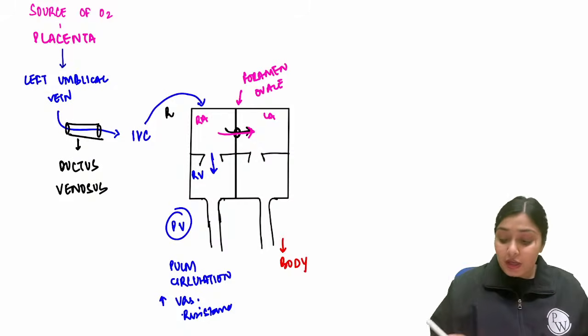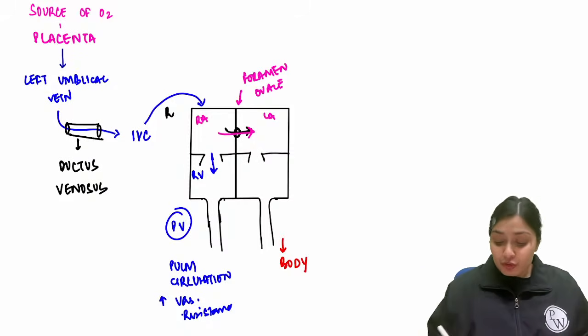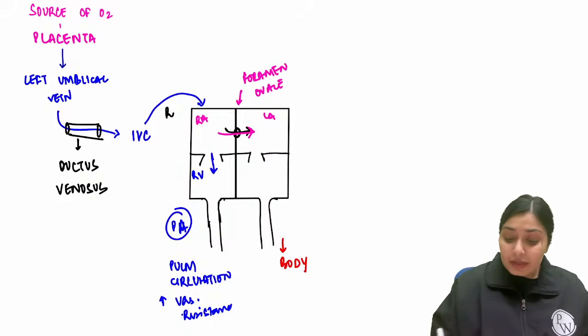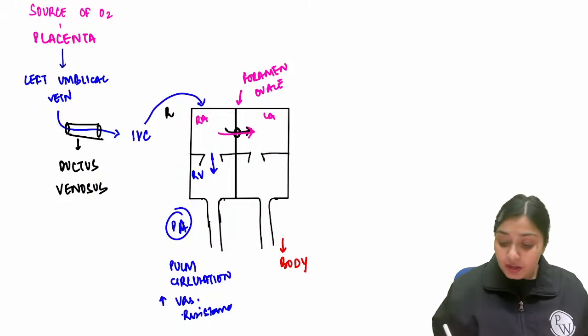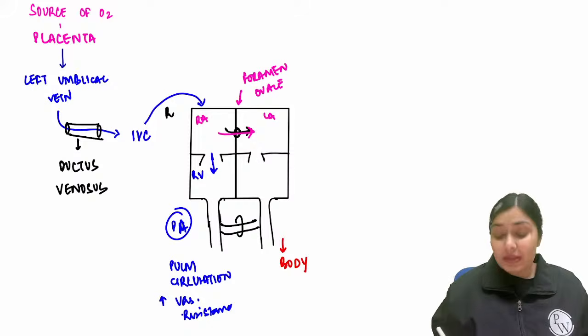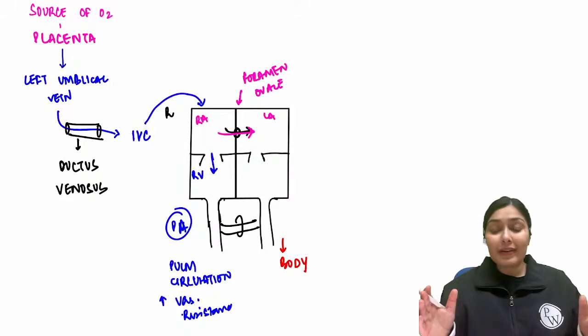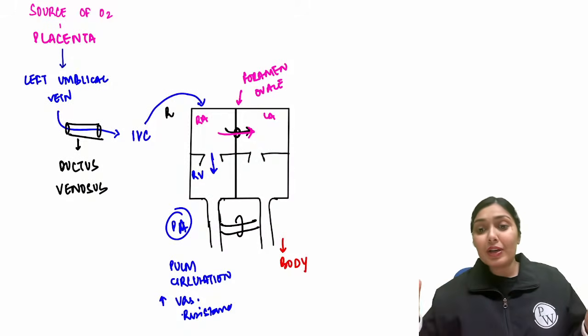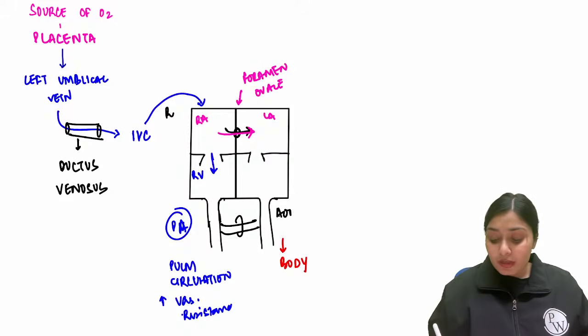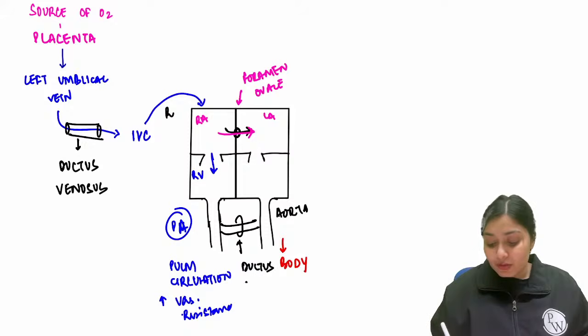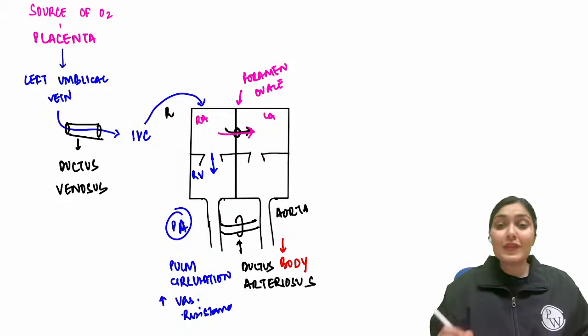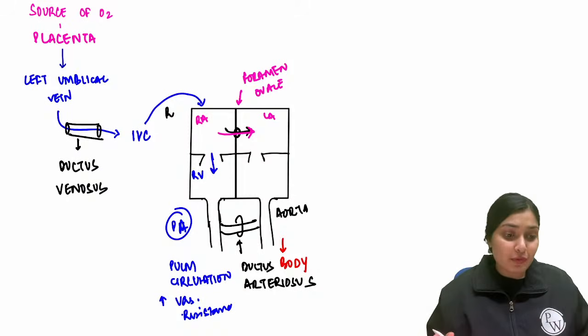It is shunted to the other artery. From the pulmonary artery, the blood gets shunted through a duct connecting two arteries, the pulmonary artery to the aorta, the big artery. This duct is known as the ductus arteriosus. So this is the major fetal circulation that happens.